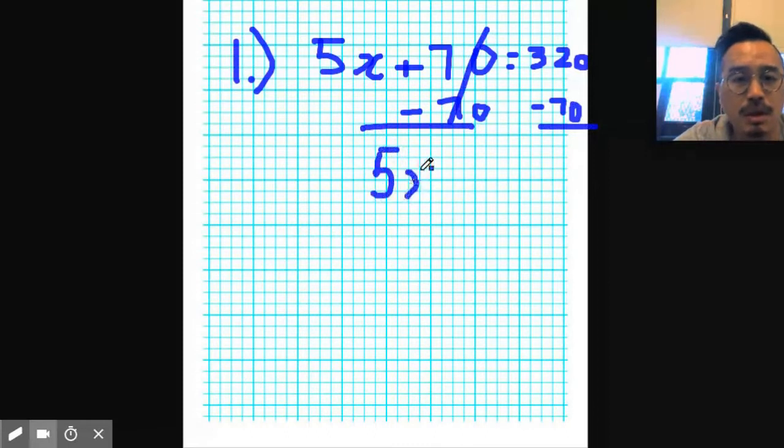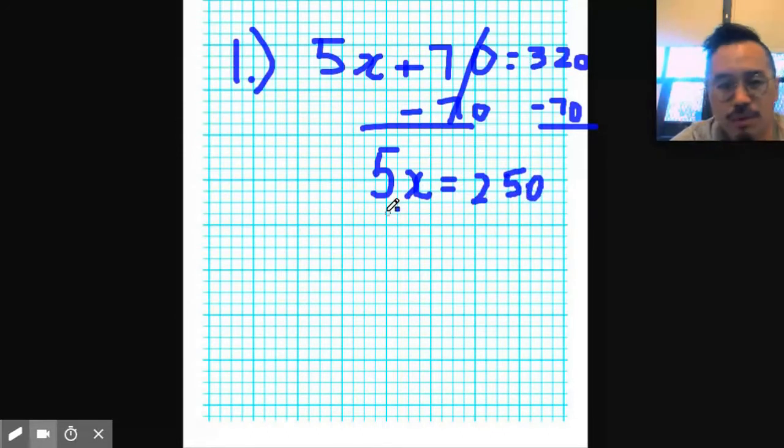Sometimes these questions will ask you what one of the intermediate steps is. So if you look at that, you see that it's choice B, right? Because here you have 5x and you have to do 320 minus 70, and that's B.